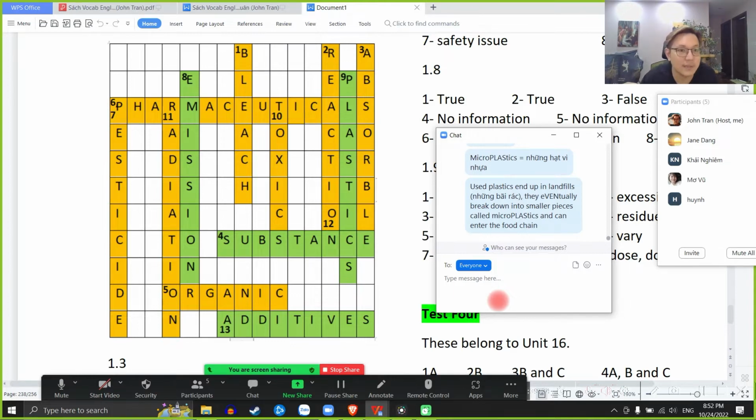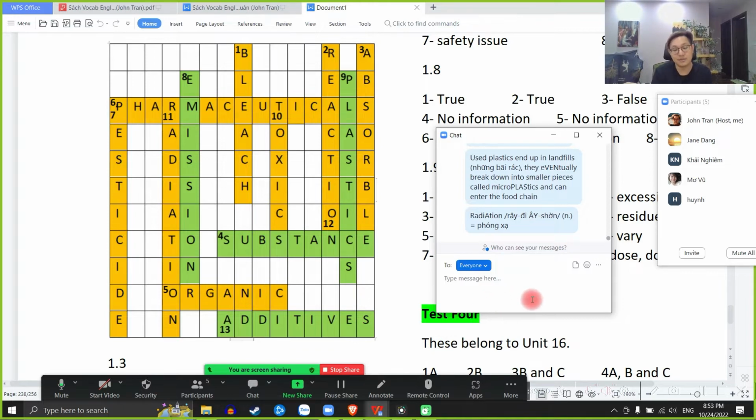Now, so 11 is what is that energy? Cái dạng năng lượng này đó chính là radiation. Radiation. Radiation là phóng xạ. Radiation, phóng xạ một lần rất là nguy hiểm. It's a very dangerous kind of energy, radiation.